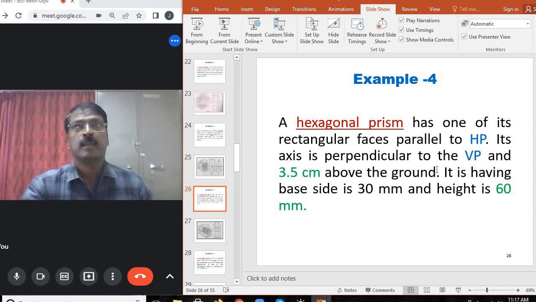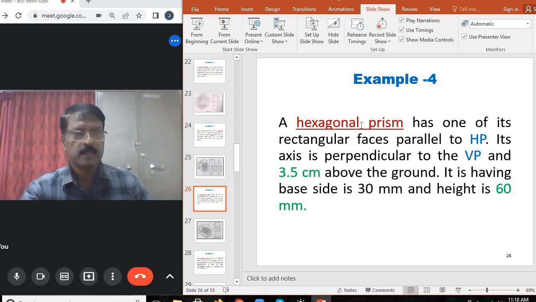And for a hexagonal prism, what is the true shape of the base? A hexagon. So in which view, front view or top view, is the true shape of the hexagon available? Here the rectangular faces are parallel to HP, and the axis is perpendicular to VP. The axis perpendicular to VP means it is parallel to HP.